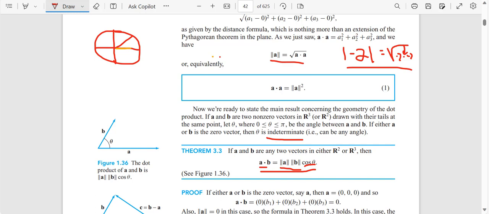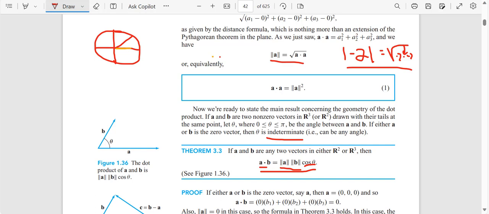But what happens if the angle between them is 90 degrees? Then the cosine of the angle is 0. So the dot product has to be 0 no matter what this part is. This is 0, so the dot product has to be 0. So this is exploring something about dot products.